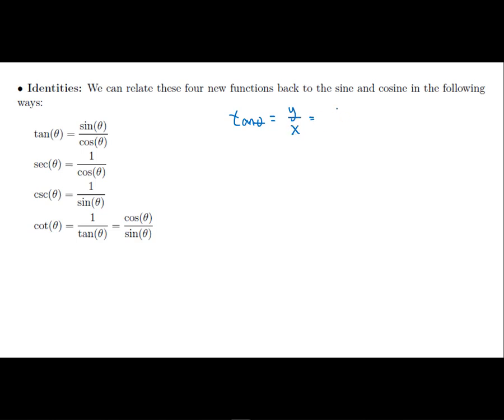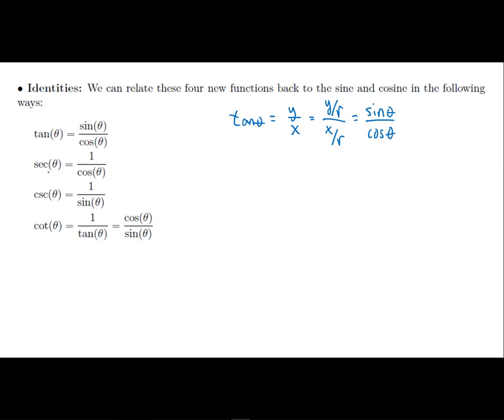But of course, if I'd like, I could divide both the top and bottom of this fraction by the radius of the circle that I'm on, and I haven't changed the value of the fraction. But of course, I know that y divided by the radius is just the sine of theta, and x divided by the radius is just the cosine of theta.